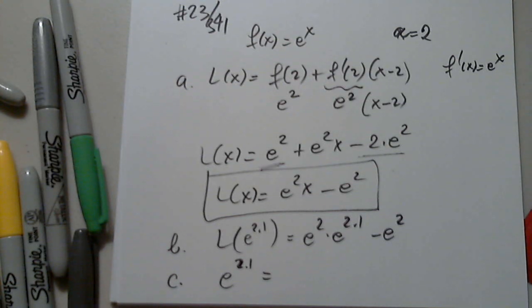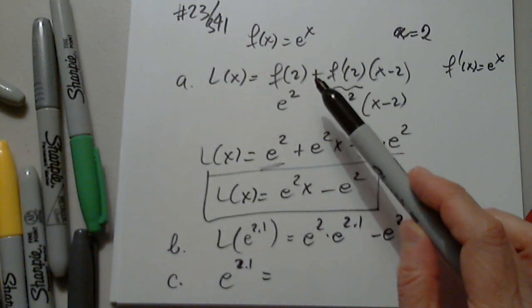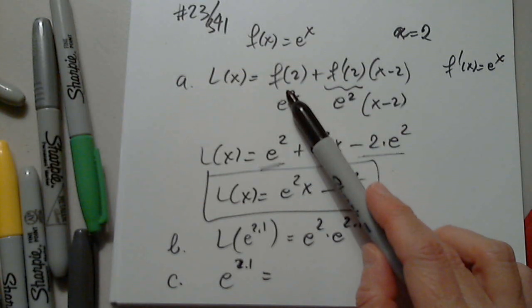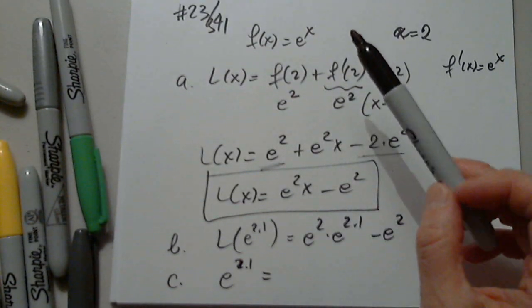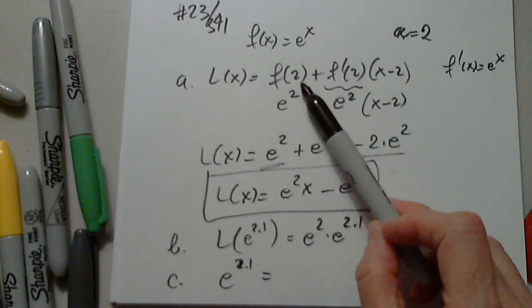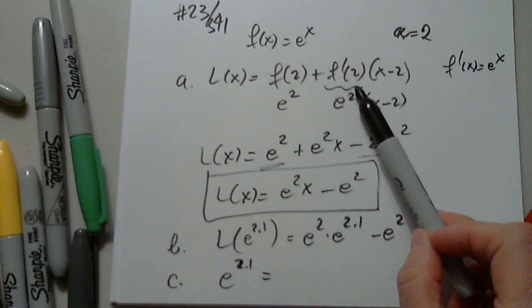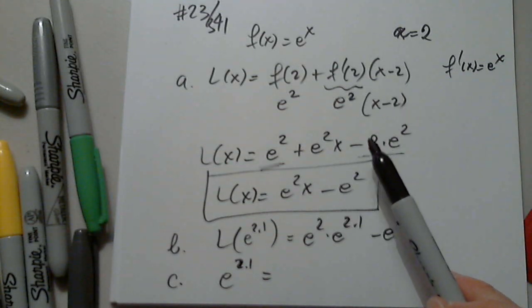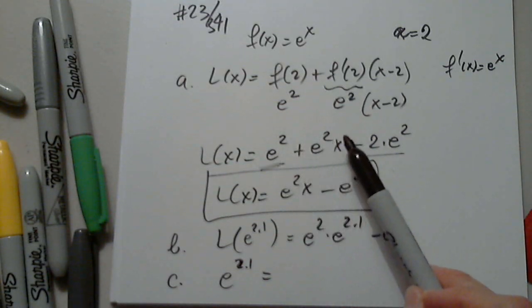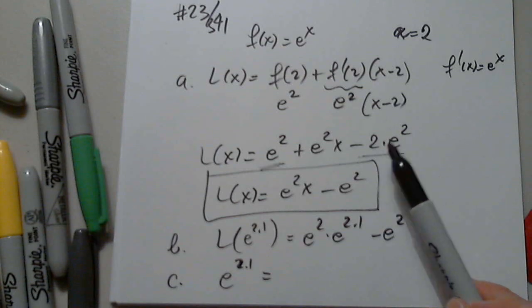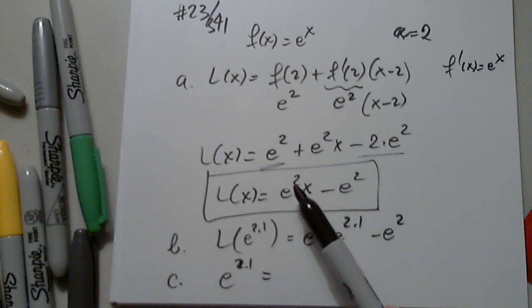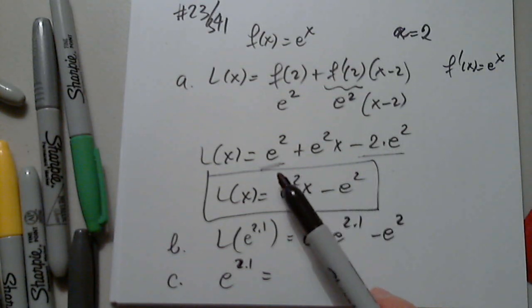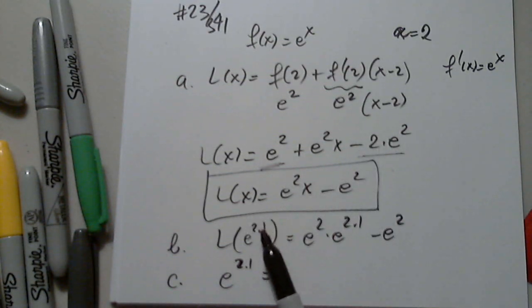I have to recalculate my numbers here. So they have to be very close. So e squared, and x minus 2. E squared minus, yes, minus e squared. 2e squared, negative 2 minus, yeah, that's correct.